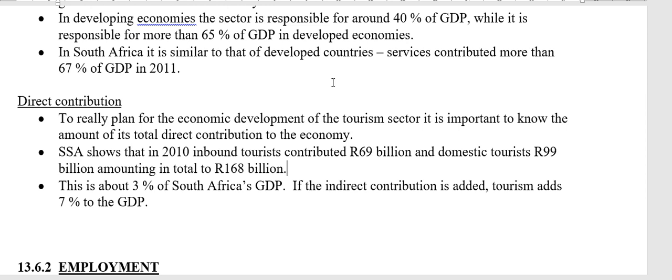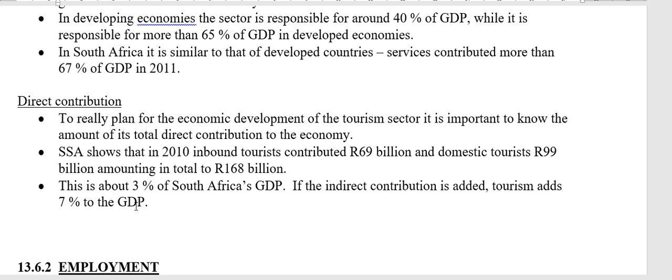And if we add the indirect contribution of only tourism, remember here we referred to the entire tertiary sector. This is not only tourism. If we include the indirect contribution of only tourism, it adds about 7% of the GDP. Now, I know it doesn't sound a hell of a lot, but there are very many different industries in our country.